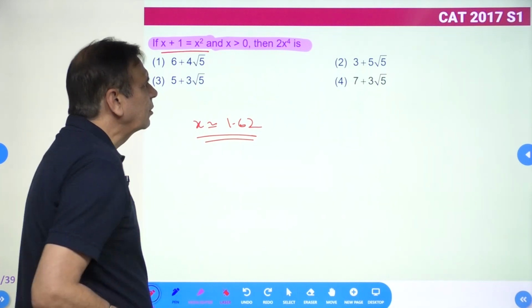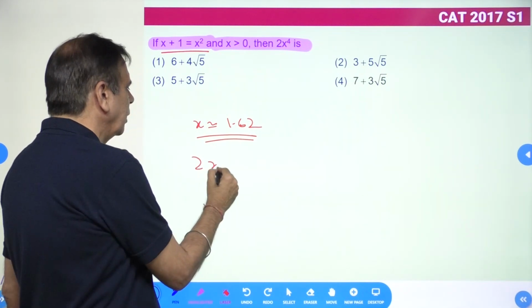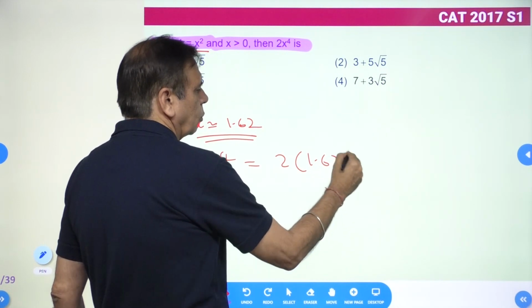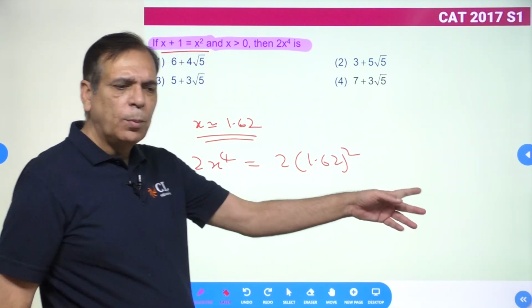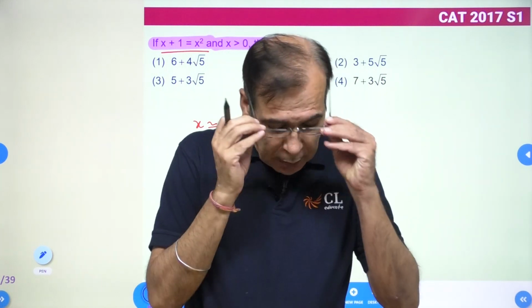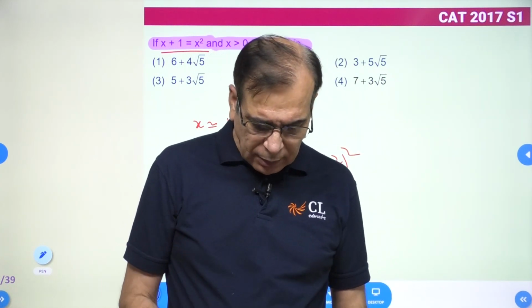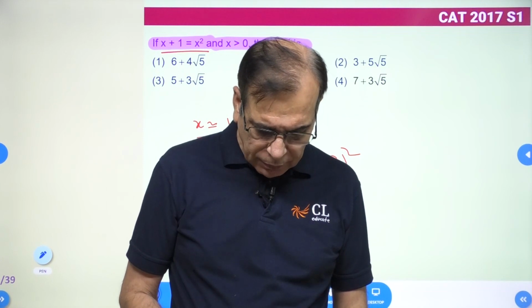If x is 1.62, what will be 2x raised to power 4? 2 into 1.62 whole square. What will you do? Open your calculator. On my phone I'll open the calculator, calculate the value, so that we don't waste our time.